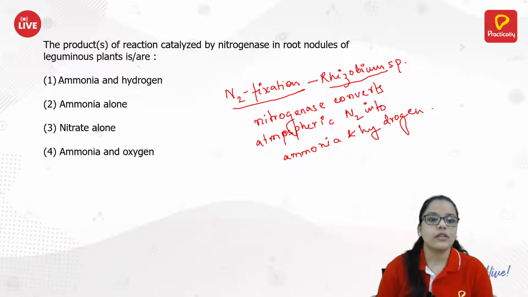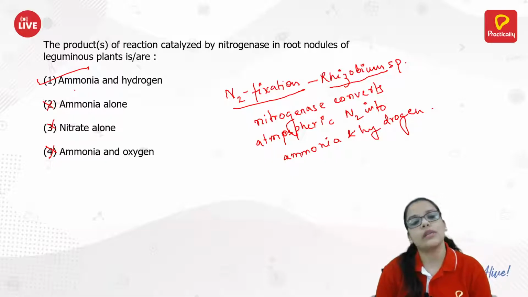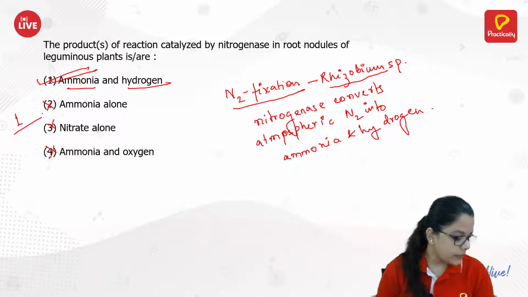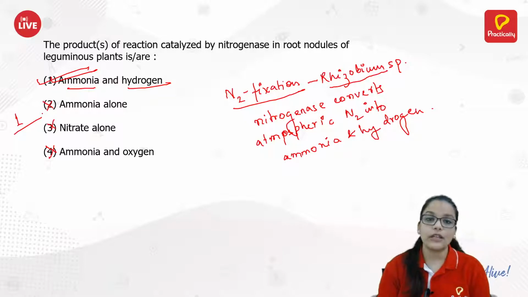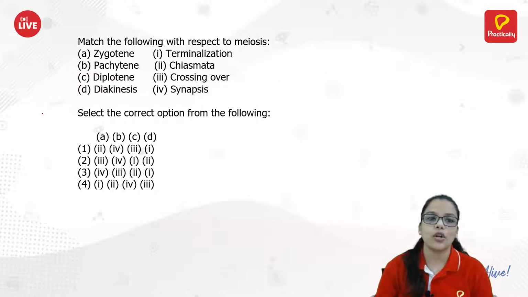Okay, so the answer is 1. Not ammonia alone, not nitrate, not ammonia and oxygen, definitely not. The process, nitrogenase, converts nitrogen to ammonia and hydrogen. So the answer is 1. Okay, if you have any doubts, please put it in the chat box.